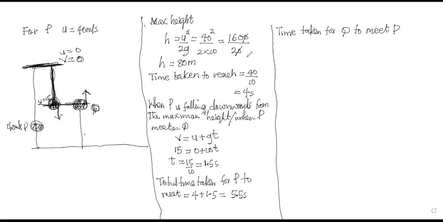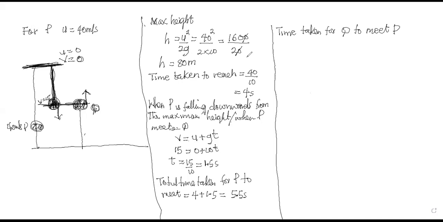So my question is that if by the time P and Q meet, P has traveled 5.5 seconds, what will be the time taken for Q to meet P? Q must travel a time of what to meet P?